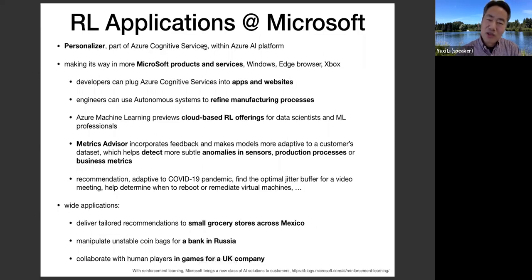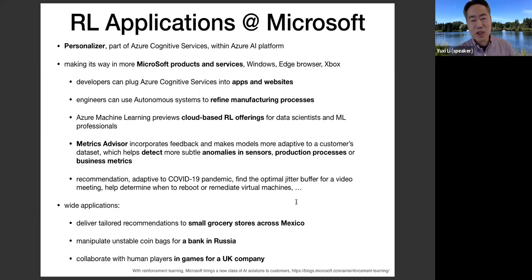Yeah, for reinforcement learning applications at Microsoft, we mentioned several already, and there are more. Based on that decision service, they have already launched the Personalizer service, and people can use it. They already have customers worldwide, from Mexico, Russia, the UK.